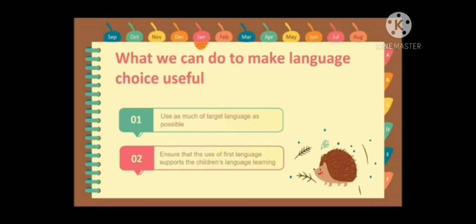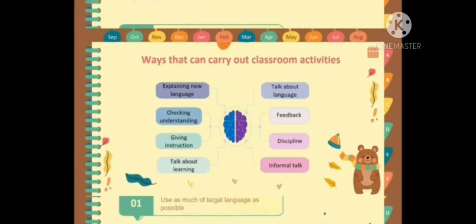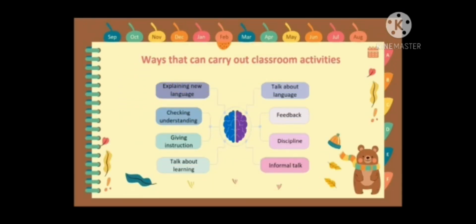Okay, next I will explain ways that can be used to carry out classroom activities. The first is explaining new language. For explaining new language to young learners, teachers may use pictures, video, actions, or gestures once past the initial stage. Next is checking understanding.